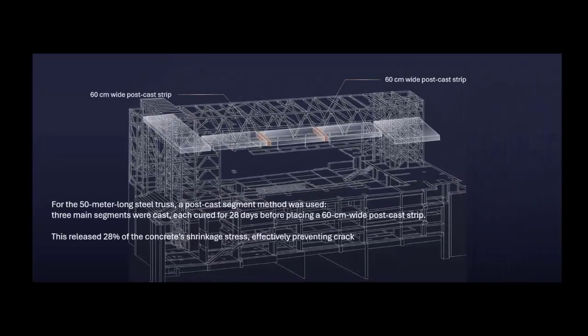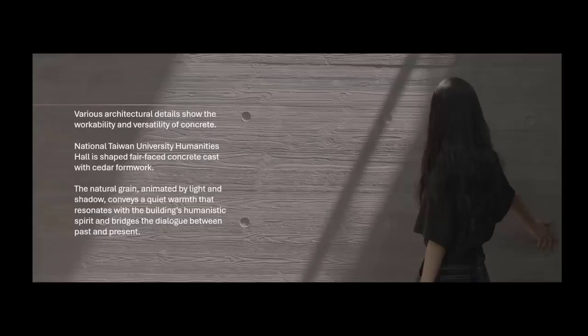For the 50-meter-long steel truss, a post-cast segment method was used. 3 main segments were cast, each cured for 28 days before placing of the 60 cm wide post-cast strip. This released 28% of the concrete shrinkage strain, effectively preventing cracks.